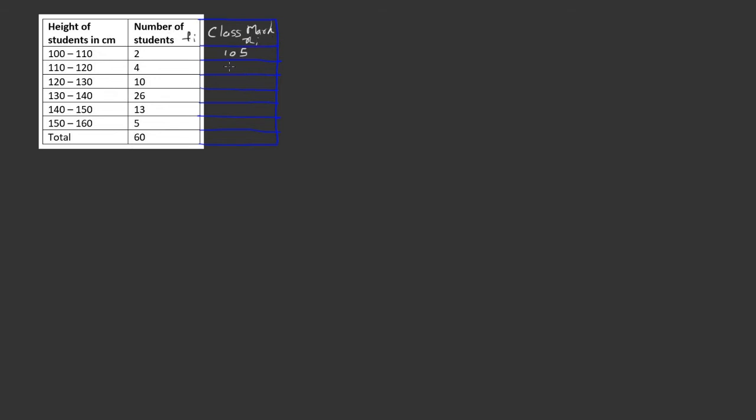The class marks are 105, 115, 125, 135, 145 and 155.